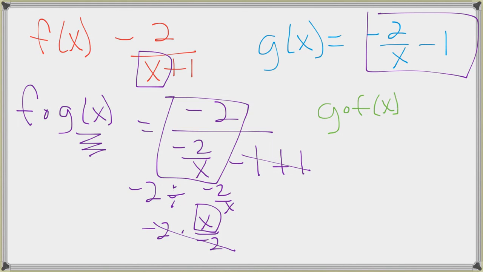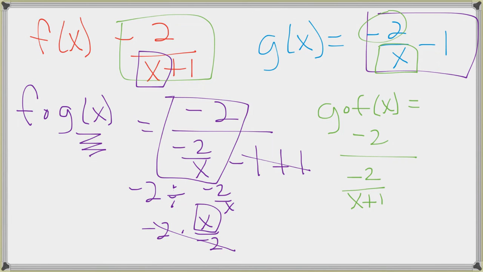Now we're going to try g of f of x. So we're going to take the whole f of x, which is red, plug it in for x in the g of x, which is blue. Again, we kind of have a big old fraction here. That fraction part I just drew a box around. That's dividing fractions.